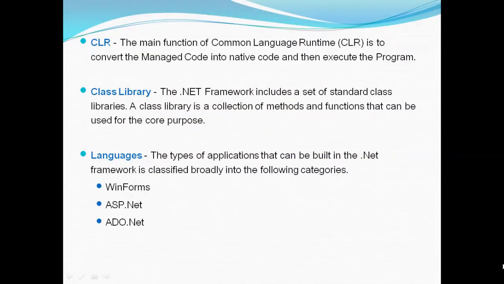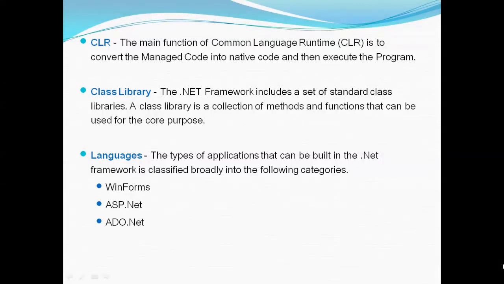What is CLR? The main function of the Common Language Runtime, CLR, is to convert the managed code into native code and then execute the program. So, what is managed code and native code? Managed code is the code that we type in the application, which is understandable by the user.